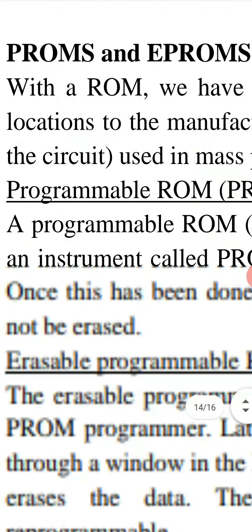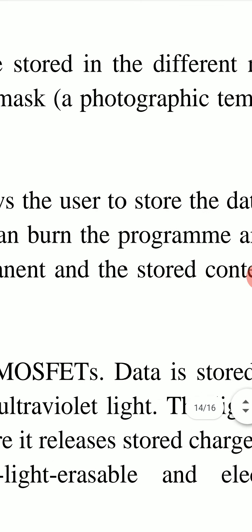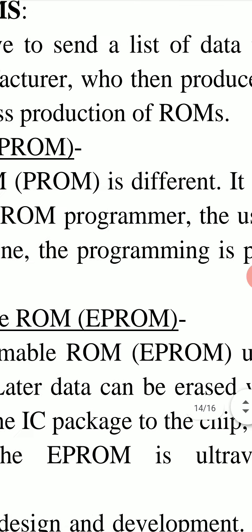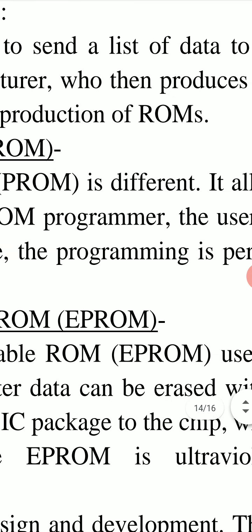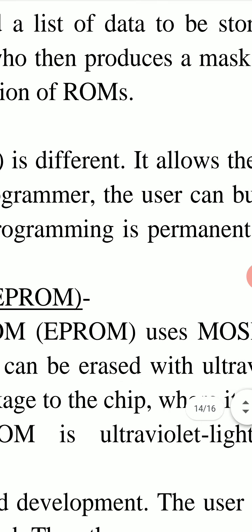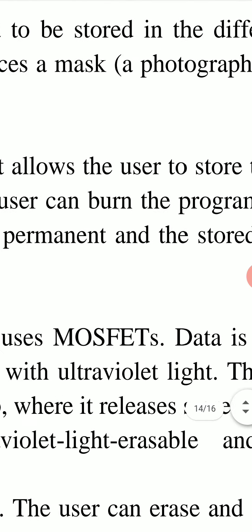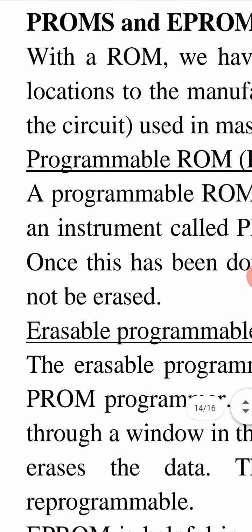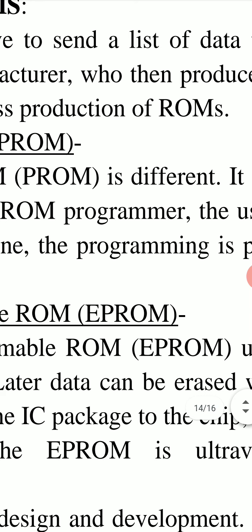So with a ROM, we have to send a list of data to the manufacturer, and the manufacturer then produces a mask which is a photographic template of the circuit which is used in mass production of ROMs.